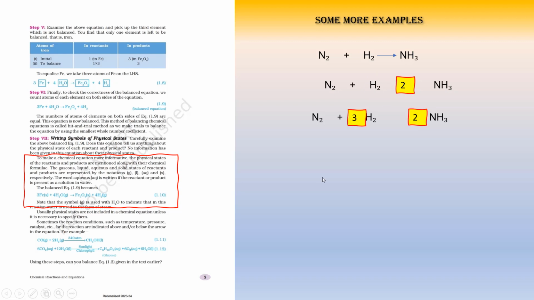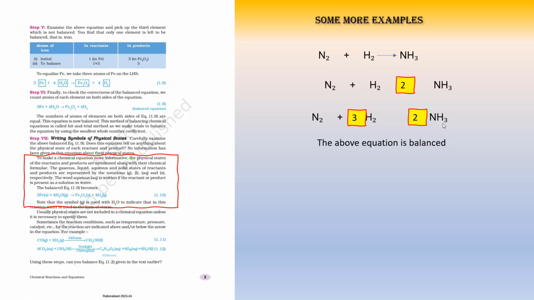Should I multiply here a 3 on the left? Therefore, hydrogen on the left, that is the reactants, also becomes 6. Now it seems balanced. There is 2 for nitrogen and even 2 for nitrogen on the right, that is the product. Here there are 6 for hydrogen. Here also there are 3 into 2, that is 6, for hydrogen. Therefore, this equation is balanced.